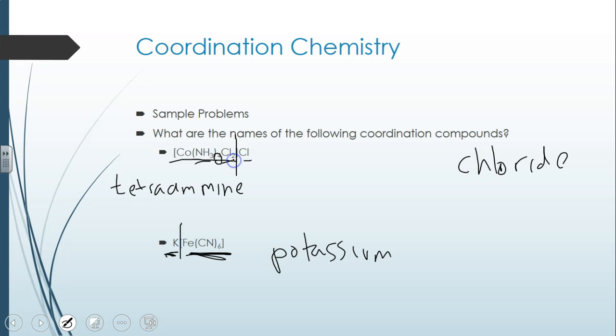And then how many chlorines are there? Di, 2. So that's dichloro, if I can spell chloro right. Tetraamminedichloro, because again we have to do it in alphabetical order. And Co is cobalt.